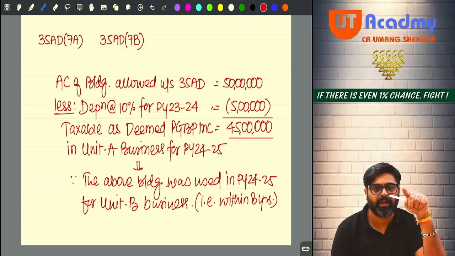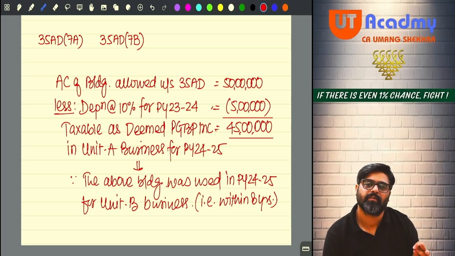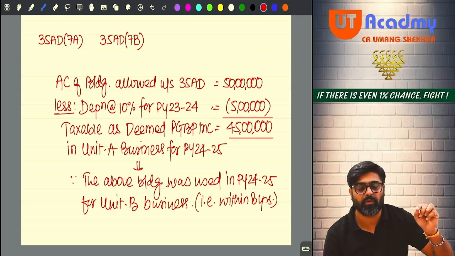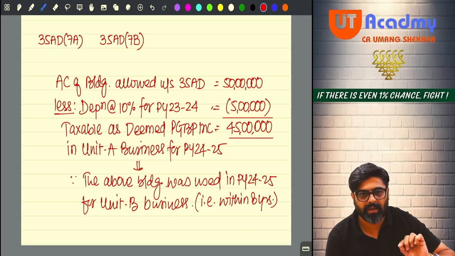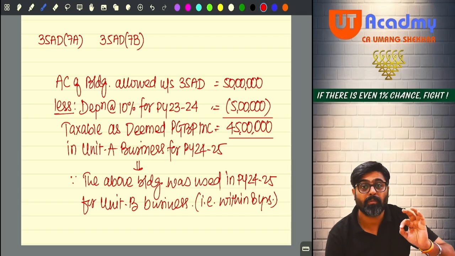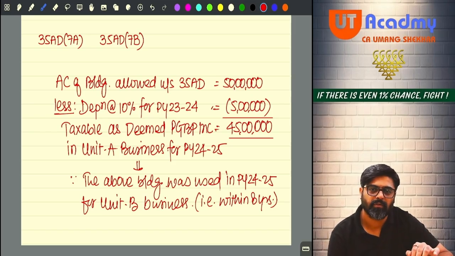And below that make one arrow and write down: to be claimed as depreciation with effect from previous year 24-25 onwards from the business income of, fill in the blanks, which unit?